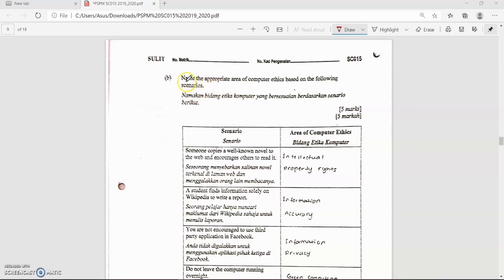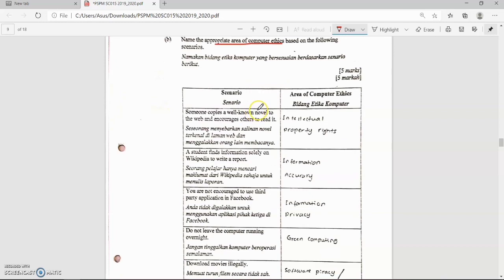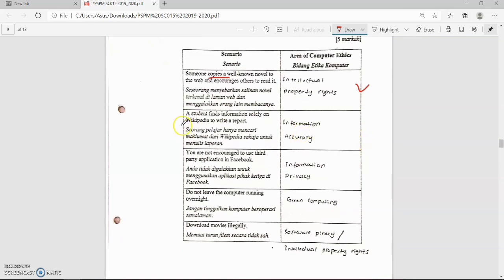Next, name the appropriate area of ethics based on the following scenario. The first one, someone copies a well-known novel to the web and encourages others to read it. So copies, this one is intellectual property rights. The student finds information on Wikipedia to write a report. This one depends on Wikipedia to write the report, so it is under information accuracy.